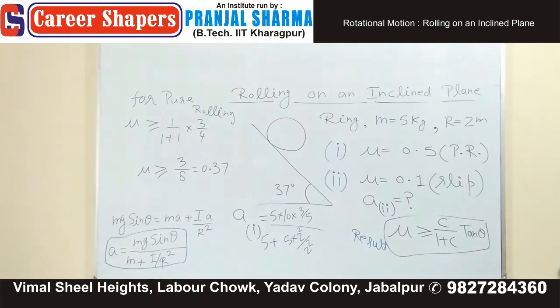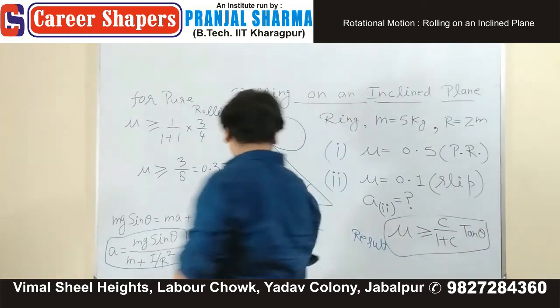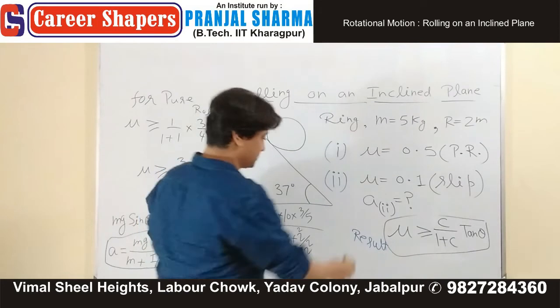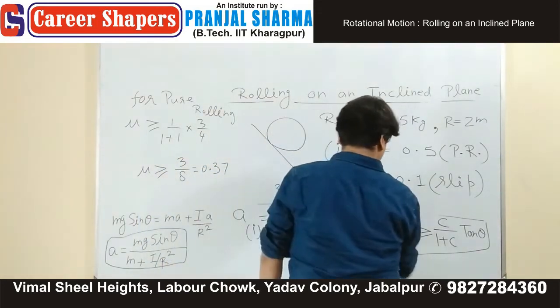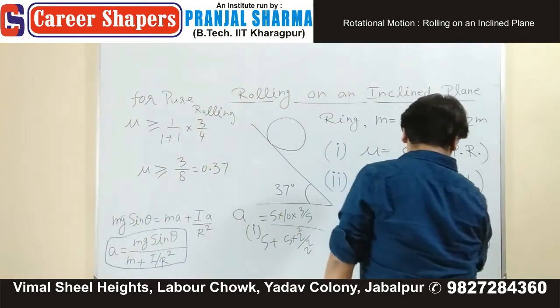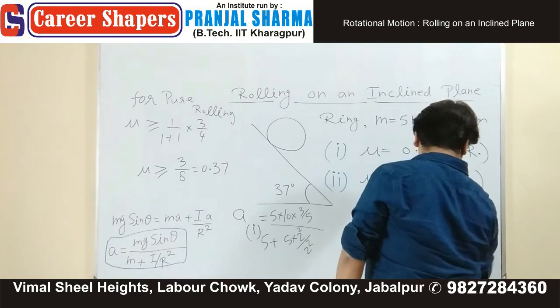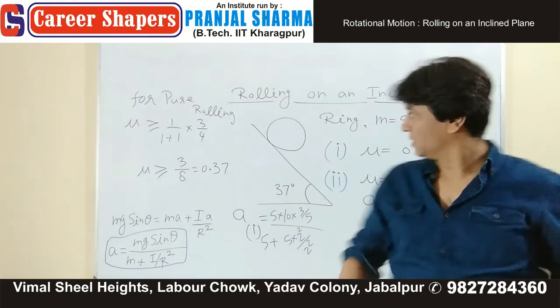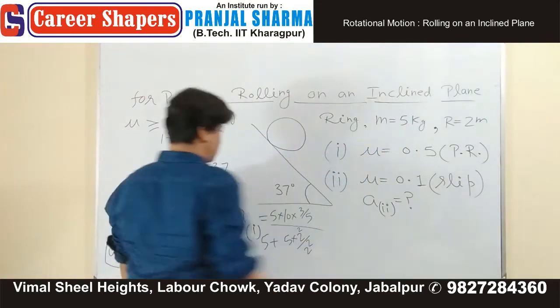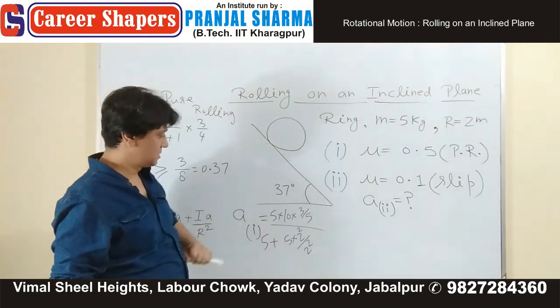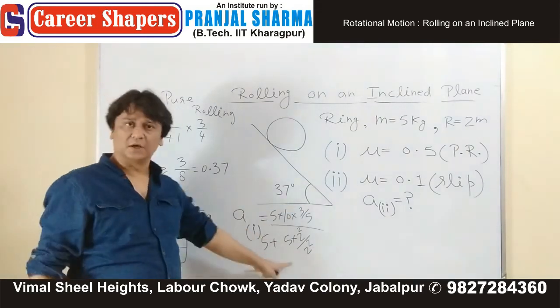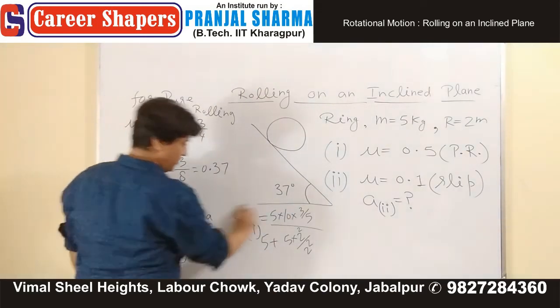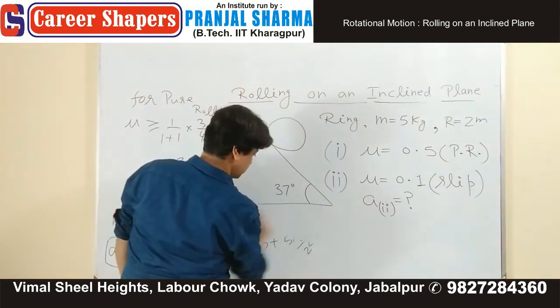Look how easy it is to find acceleration in the second case. Once I say that the contact point is slipping, I'm removing this. I hope you're comfortable with this part.